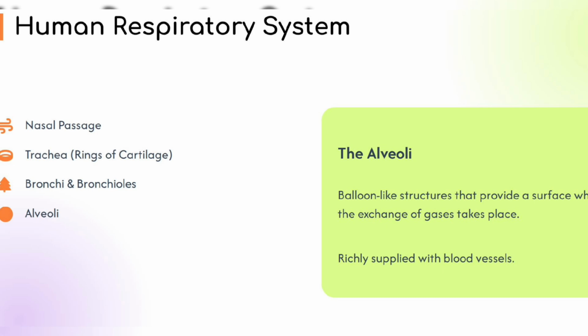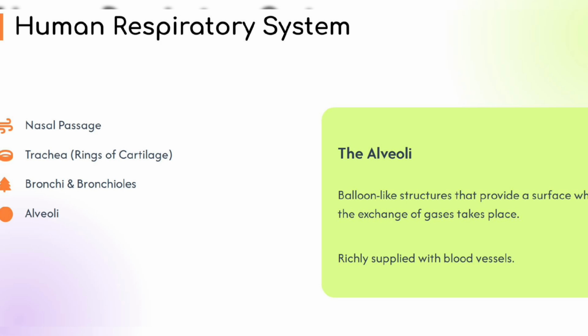Air enters through the nasal passage, then goes to the trachea, the windpipe, which has rings of cartilage to keep it open. From there it divides into bronchi and bronchioles and finally reaches the alveoli.